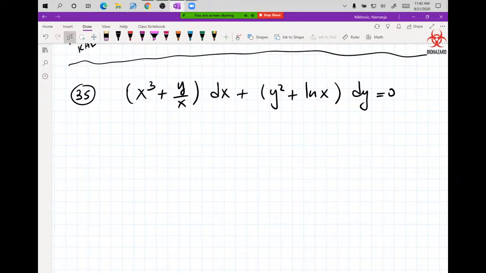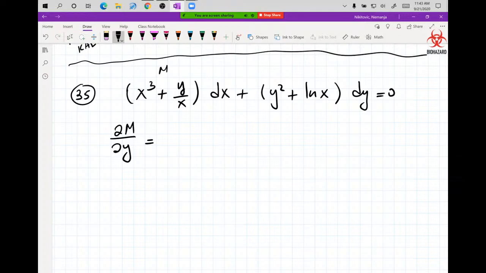You have to check the condition for exactness, because if you don't, you are not going to get the right answer. If it's not exact, you're not going to detect that and then try to solve it and get the garbage answer. So we have to go partial M, partial y.